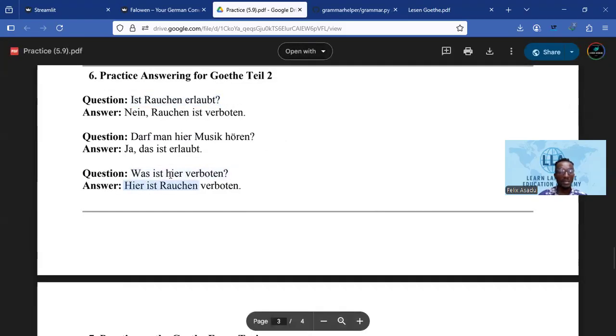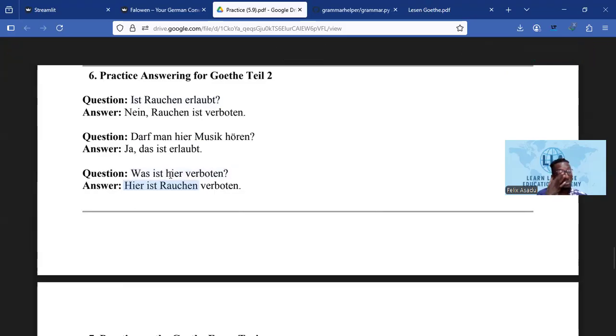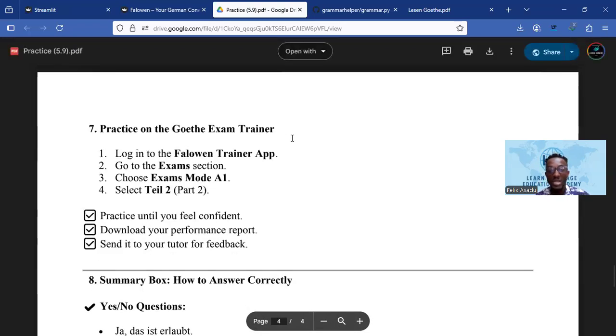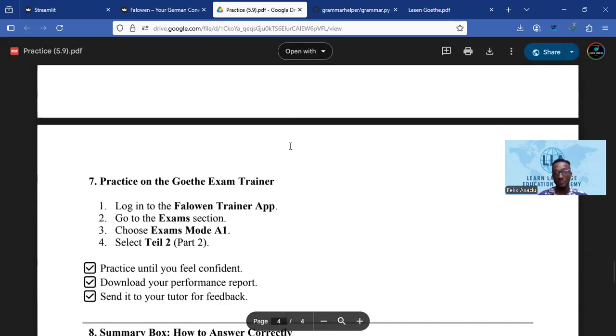So hier ist Rauchen verboten. So that's what you are going to use to talk about allowed and verboten. Please, do you have any question about that?